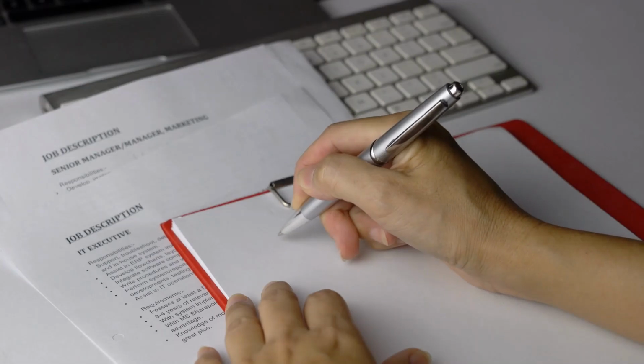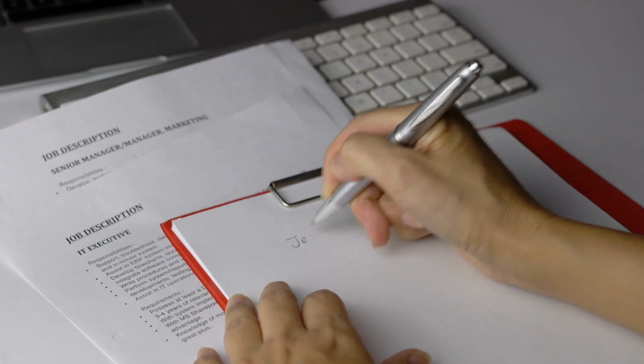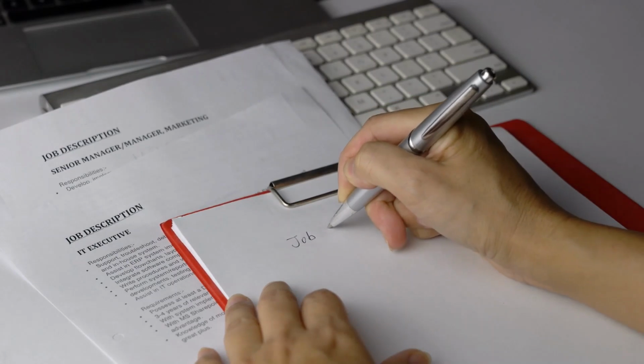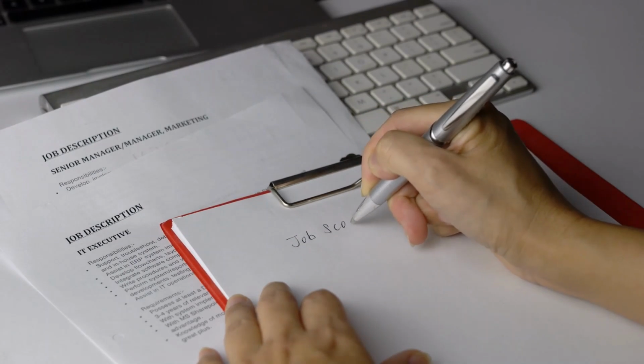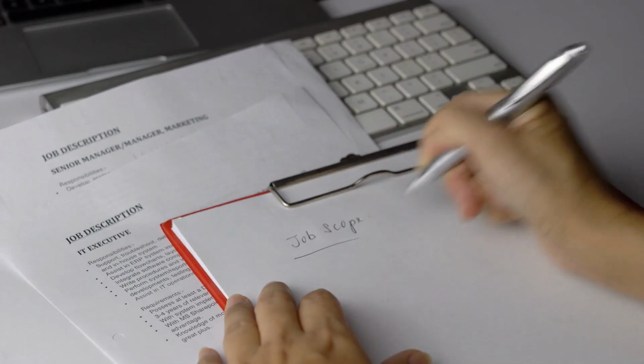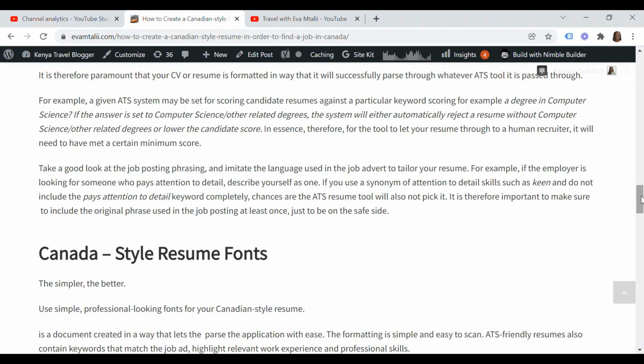Take a good look at the job posting phrasing and imitate the language used in the job advert to tailor your resume. For example, if the employer is looking for someone who pays close attention to detail, make sure you describe yourself as this person.